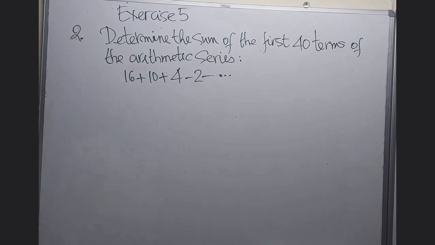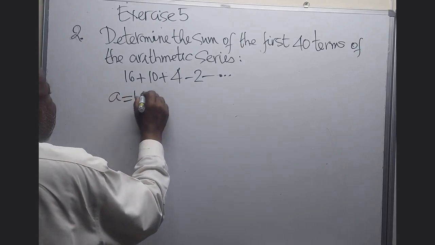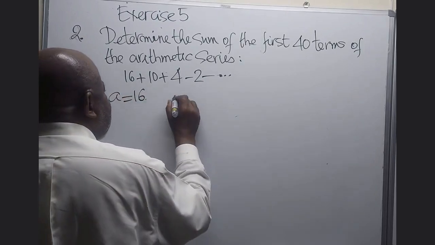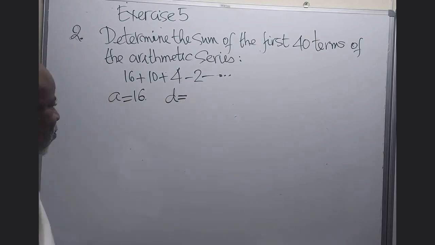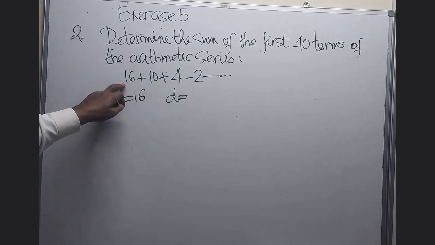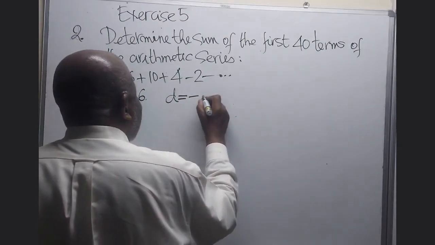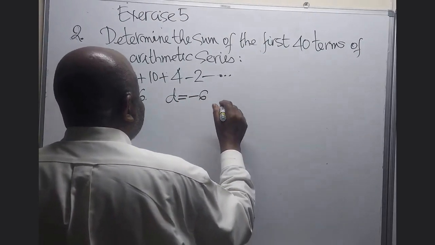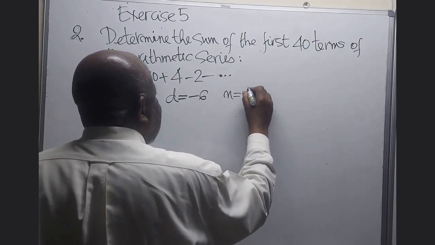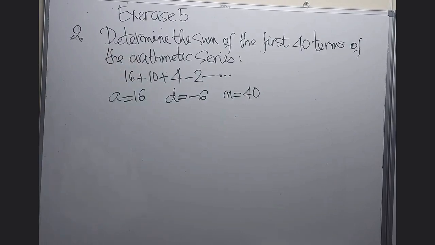As you can see, we are having an arithmetic series. A is 16 and D will be equal to 10 minus 16 is negative 6, 4 minus 10 is negative 6. So our common difference is negative 6, and n is 40 because we're talking about 40 terms here.